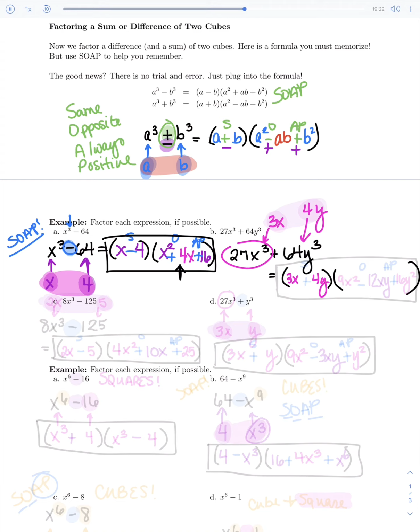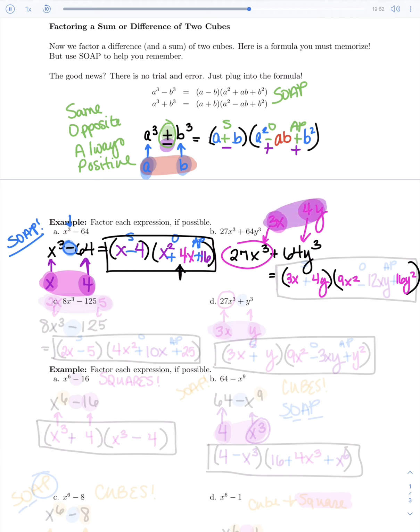Then you'll go back to your first term to get the first term of your trinomial, and you'll square the whole thing. Squaring the whole thing means you have to square the 3 and the x, which will get me 9x squared. Now the last piece of the trinomial means I need to take the last piece and square it. Squaring the 4 and the y gives me a 16y squared. Now for the middle piece, let's remind ourselves the middle piece is taking those two and multiplying them.